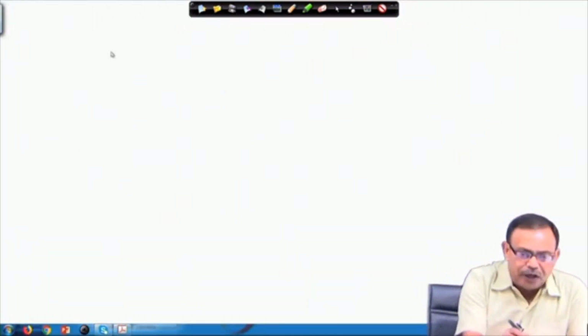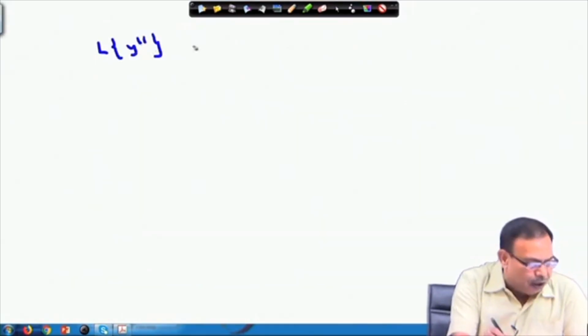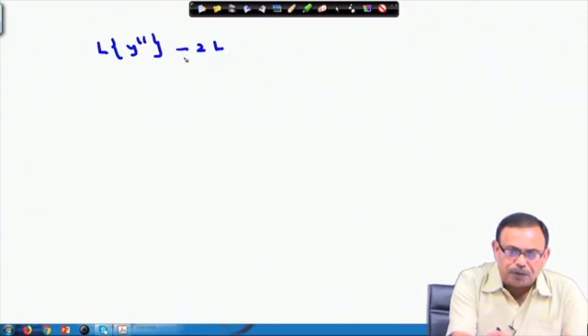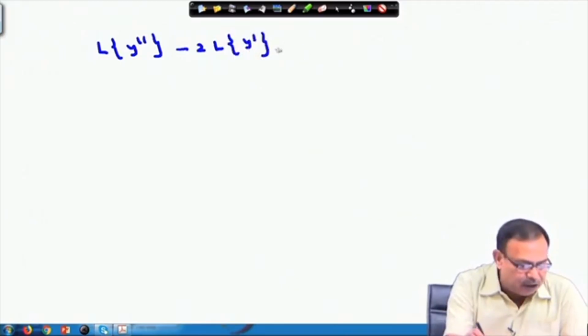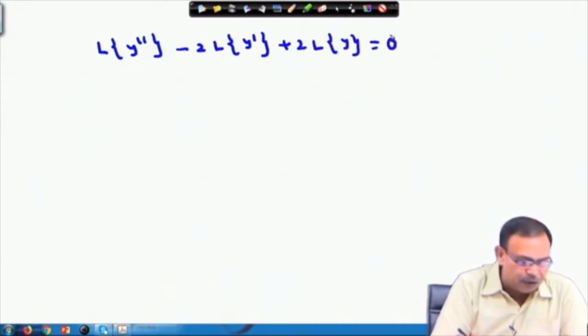Taking Laplace transform on both sides of the given equation, Laplace transform of y double dash minus twice Laplace transform of y dash plus twice Laplace transform of y equals 0.